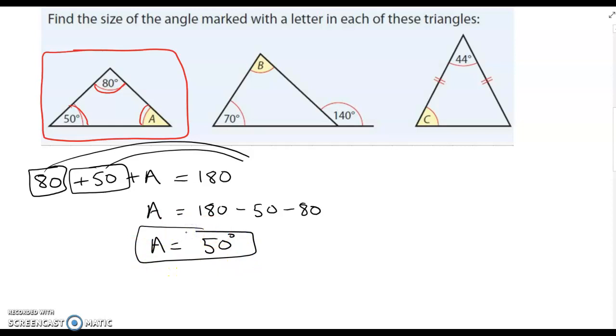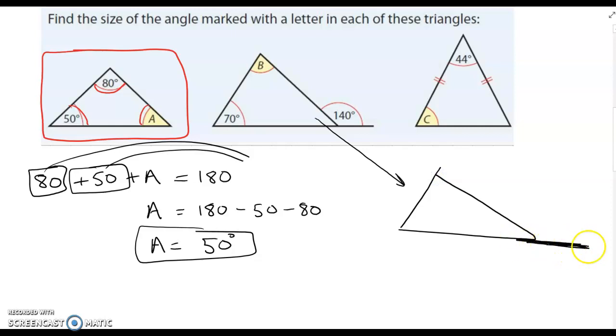So A is 50. Now here, there's a rule in triangles that when the triangle extends a little bit out at the bottom, so the bottom line just goes longer than the actual triangle, that angle that's formed out there, that big angle, is equal to the two inner opposite angles added together.